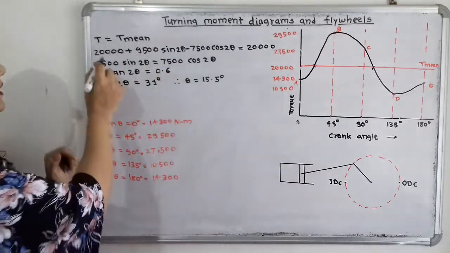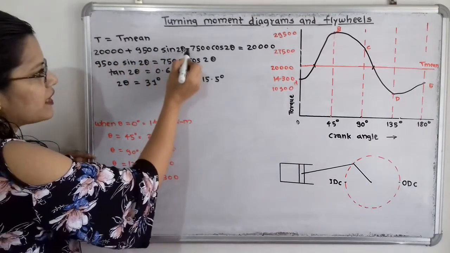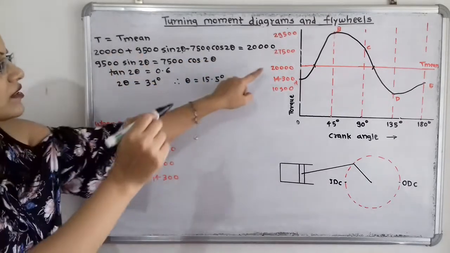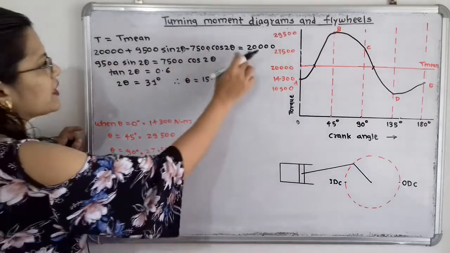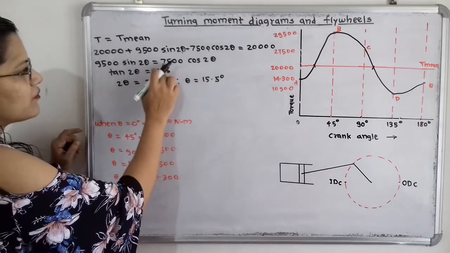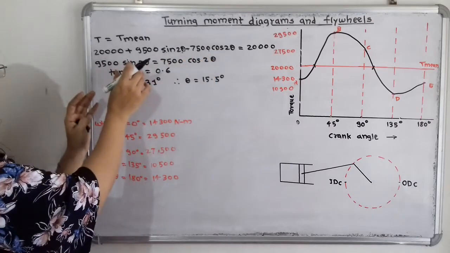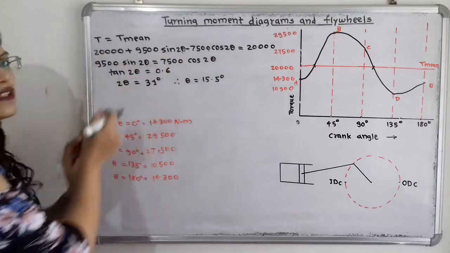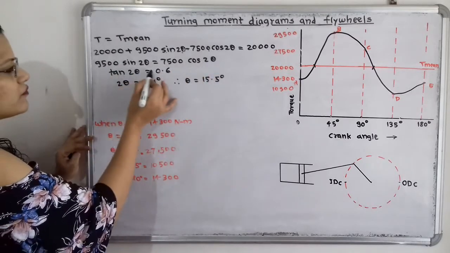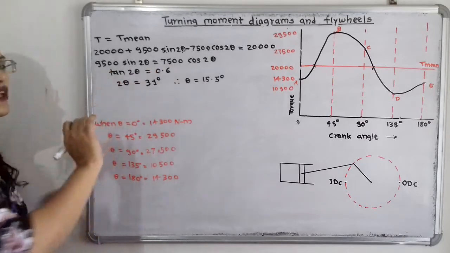The equation of torque is 20,000 plus 9,500 sine of 2 theta minus 7,500 cos of 2 theta, which is equal to the mean torque, that is 20,000. When we equate this, the equation becomes 9,500 sine of 2 theta equal to 7,500 cos of 2 theta. I will take the theta term on one side and all the other terms to the other side. That is sine of 2 theta by cos of 2 theta, that is tan of 2 theta, equal to 0.6, that is 7,500 by 9,500.